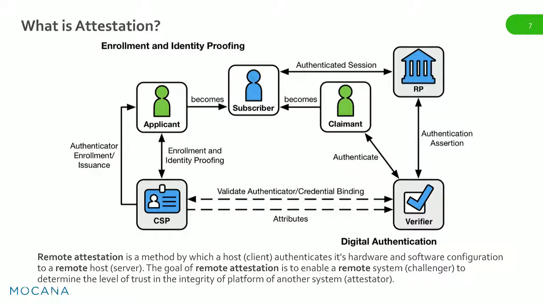Attestation is about validating that you are who you say you are, and that can be done in a local format using a simple Bob and Alice model where Bob holds up his driver's license and Alice is able to validate the information on the driver's license compared to the person that's standing in front of you.